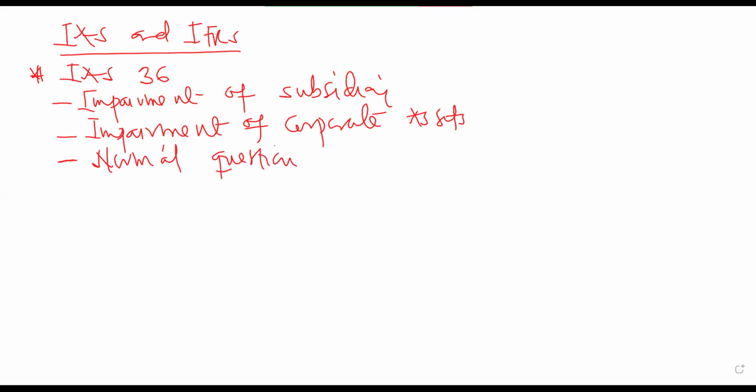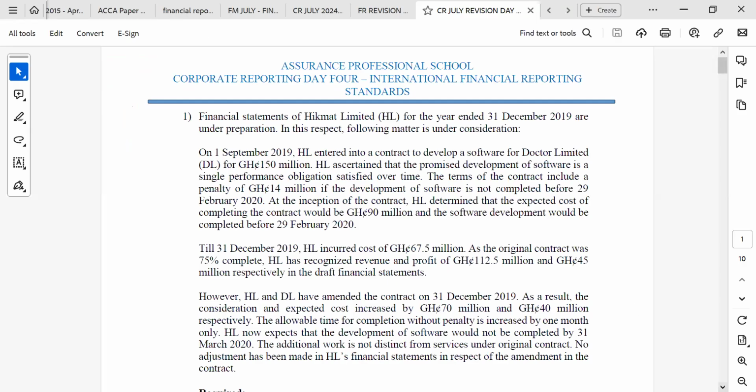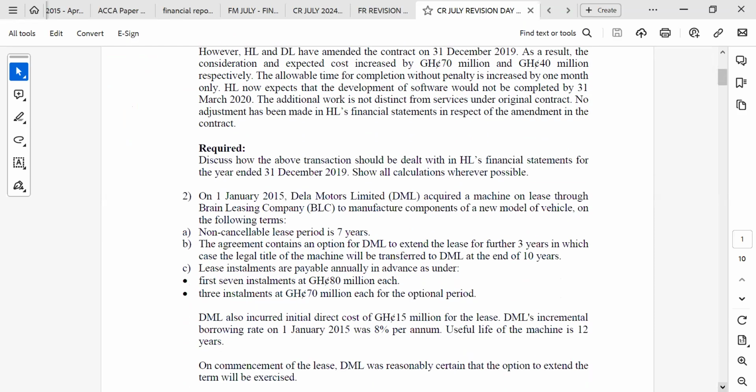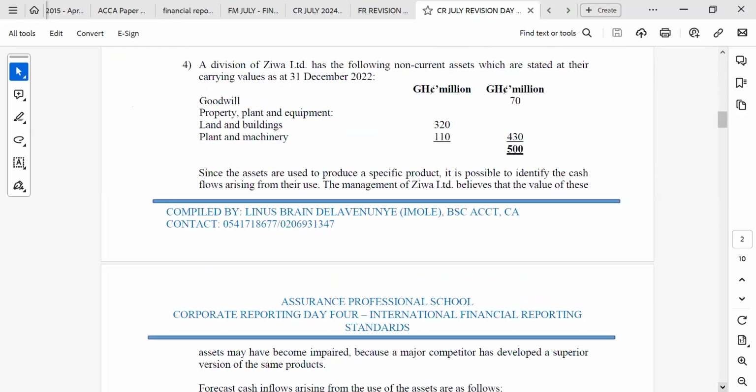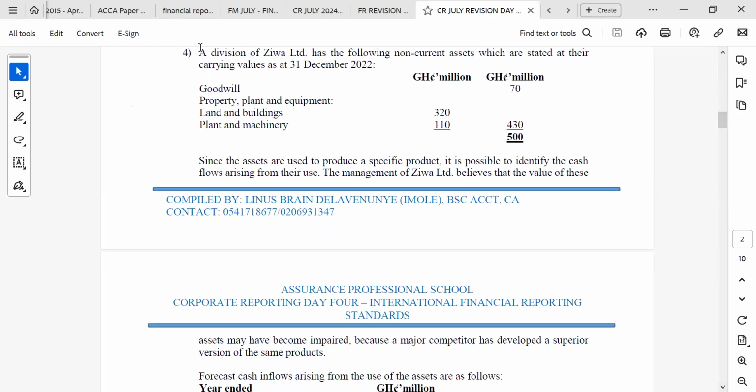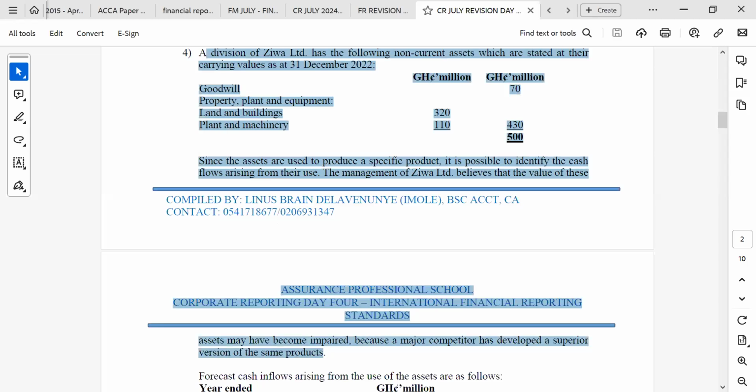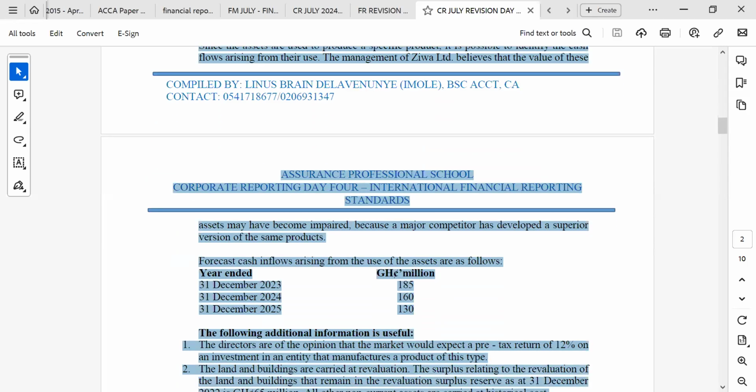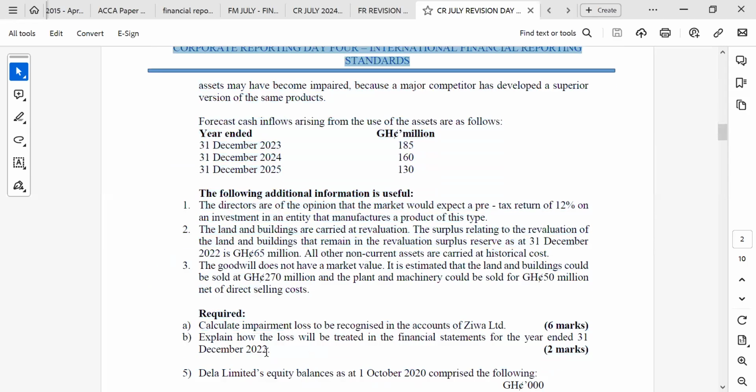This is an example of a normal impairment question, question number 4. It is normal, but it's not normal. They can give you a normal impairment question like this, where you have to calculate your recoverable amount like normal.